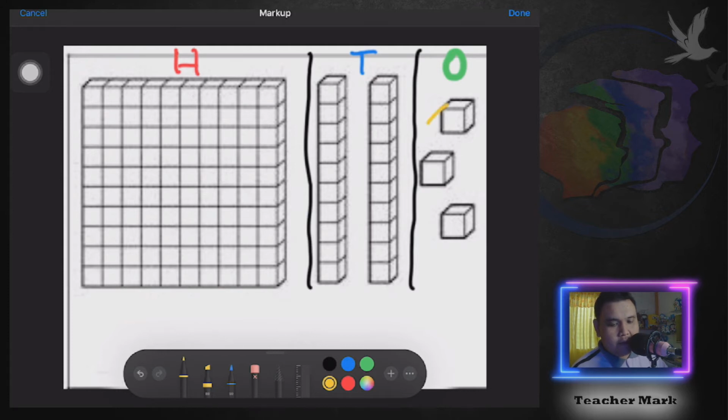We have 1, 2, 3. That means we have 3 units of ones. How about for the tens place? How many units do you see? We have 1 unit of tens and another unit of tens, which is equivalent to 2 units of tens.